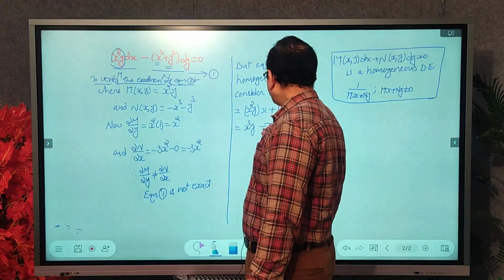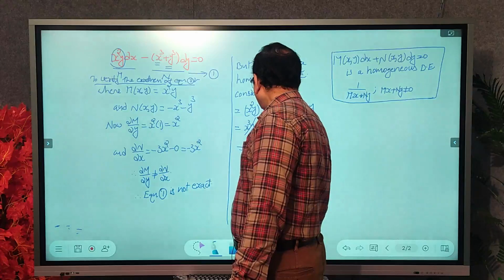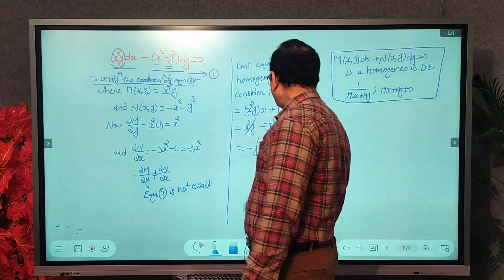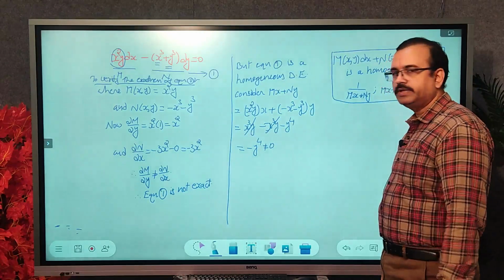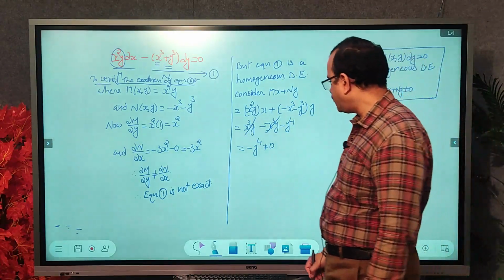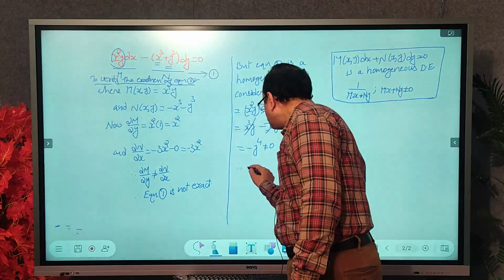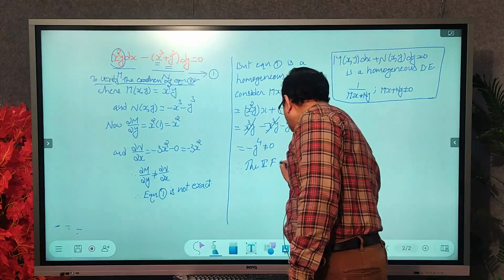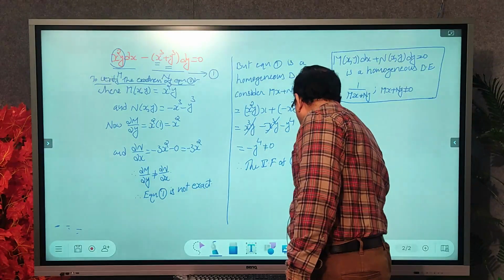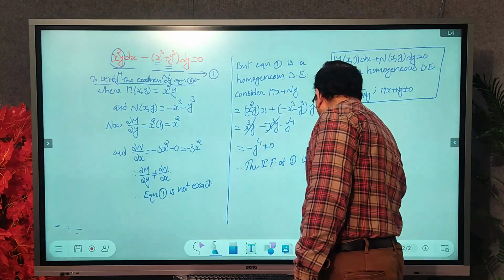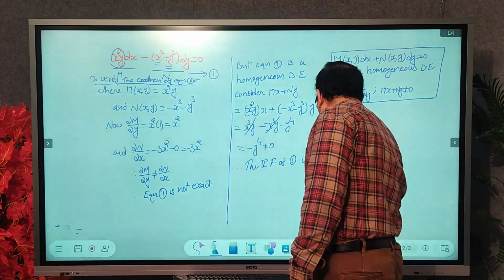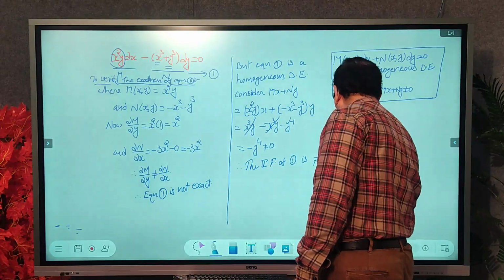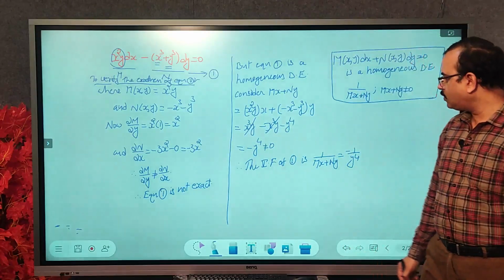So plus x cube y minus x cube y cancels out, then we get minus y power 4. So minus y power 4 is not equal to 0. Therefore the integrating factor of equation 1 is 1 by Mx plus Ny, which is equal to minus 1 by y power 4. So this is how we can take it.